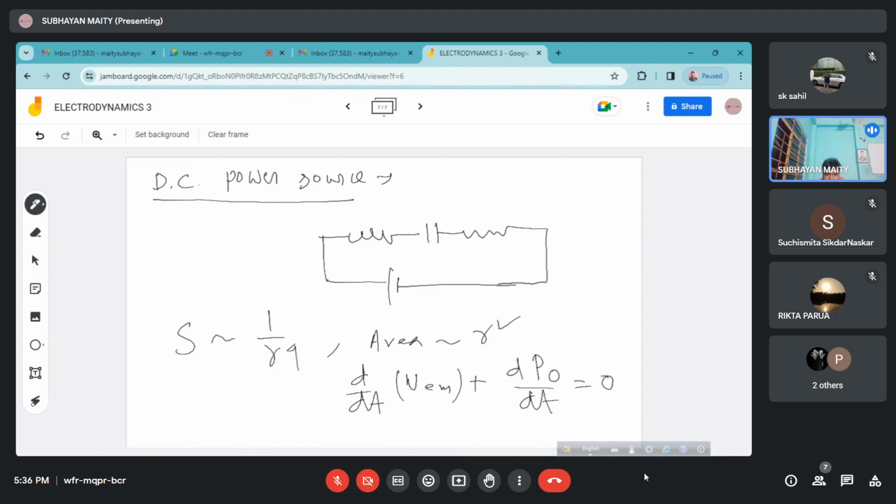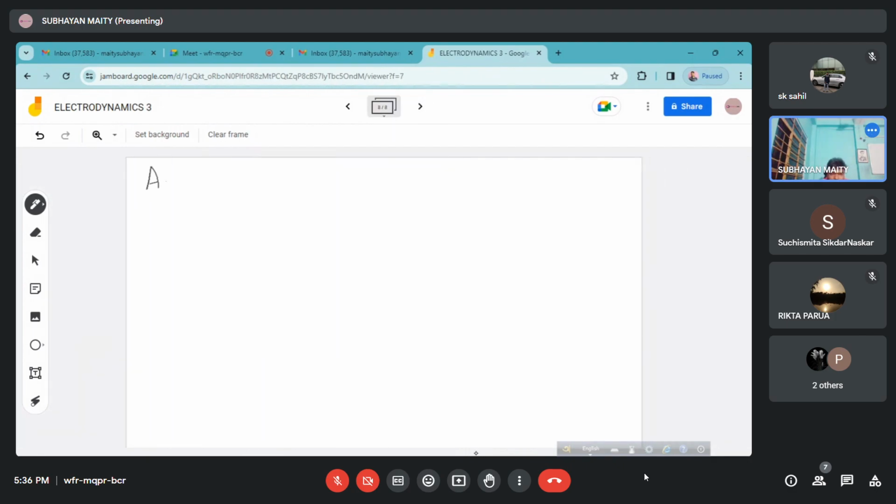Okay, so this is basic circuit theory. But for an AC source, this will not be equal to 0. There should be some non-zero flux of S, and in that case it violates the KVL.